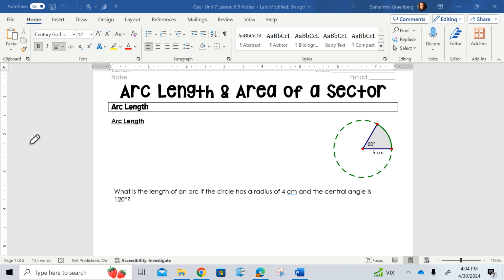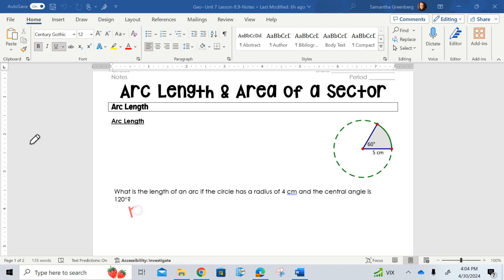All right, what is the length of an arc if the circle has a radius of 4 centimeters and the central angle is 120? So I recommend pausing the video, try this one on your own, and then resume it to check your answer. But if you want to follow along, that's fine too.